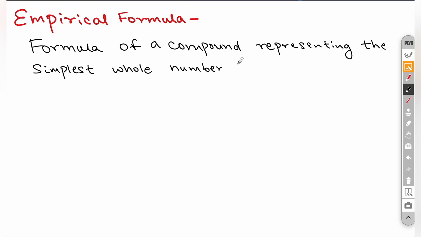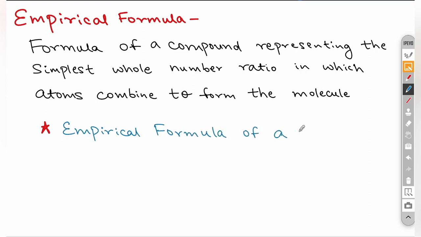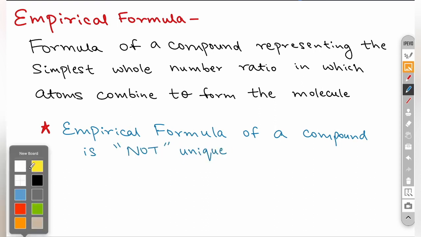So empirical formula, it is the formula of a compound representing the simplest whole number ratio in which atoms combine to form the molecule. Here we will write a note, that empirical formula of a compound is not unique. It is a very important note. We will discuss more about it later.